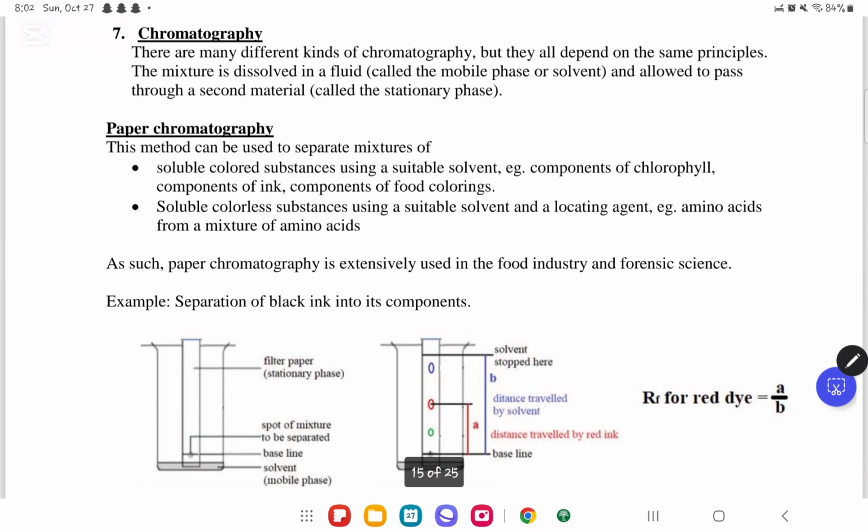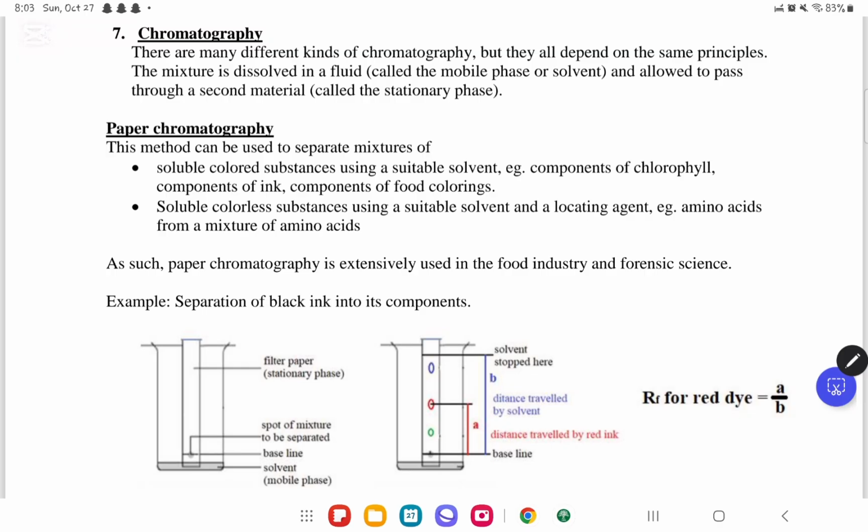Now we reached chromatography. Chromatography is really nice, and I believe there is an equation for chromatography. So very simply, chromatography is used to separate soluble colored stuff like ink, food coloring, clothes that are stained, anything with a dye or a pigment.